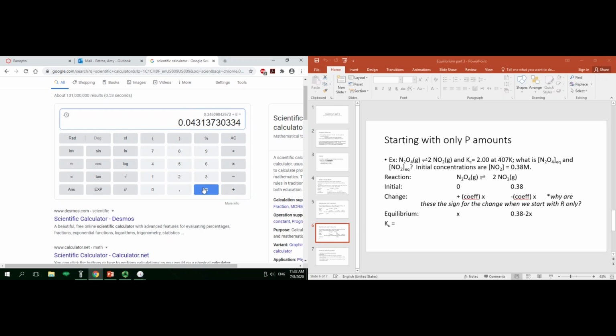I get a value of, so I'm going to call it x1 from my subtraction, 0.043. And what if I add it? I'm going to have 3.52.